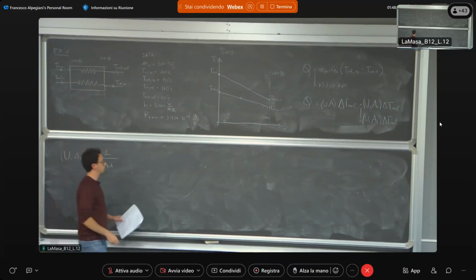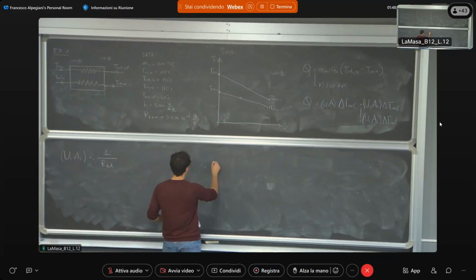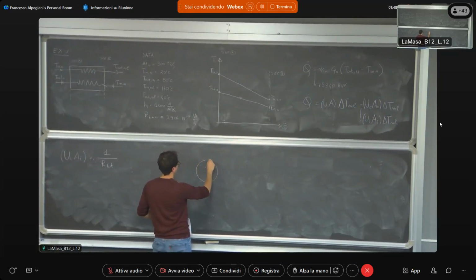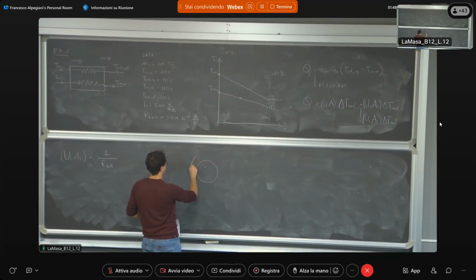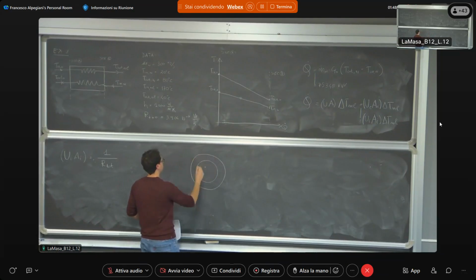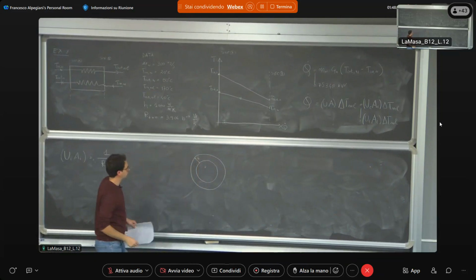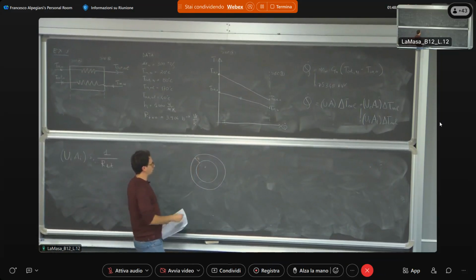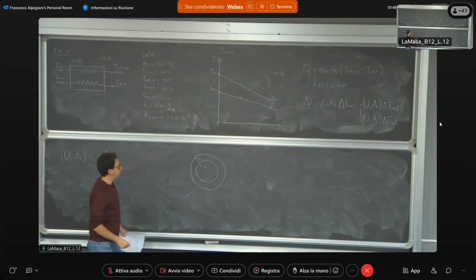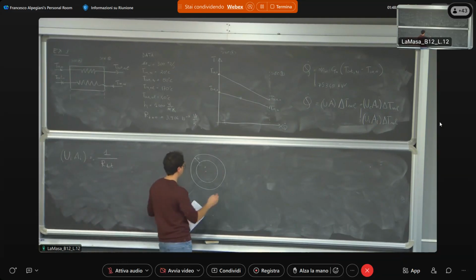Let me draw a scheme. So this is a tube in which the water flows, and essentially this is the thickness of the tube, and starting from the center you have 3 different resistances to the heat flux.